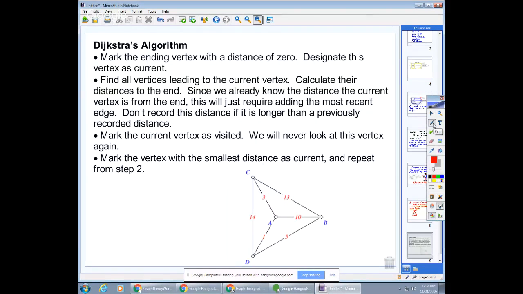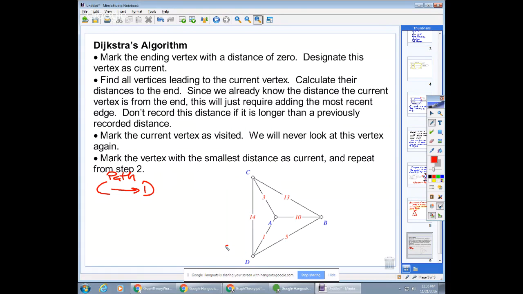So let's suppose I want to make the shortest path from C to D. So D is my ending vertex, so I mark that with a 0.